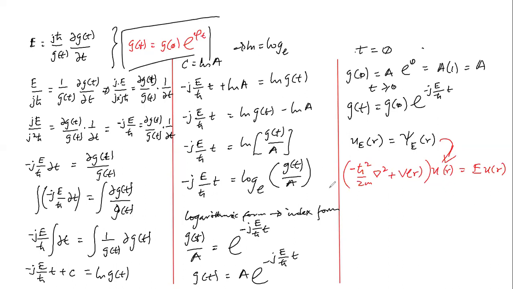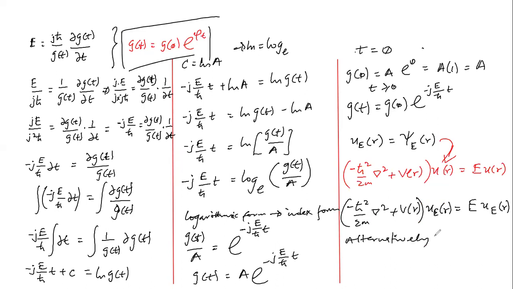Then the time-independent Schrodinger equation will be represented as negative h-bar squared over 2m del squared plus V(r), acting on u_E(r), equals E u_E(r).